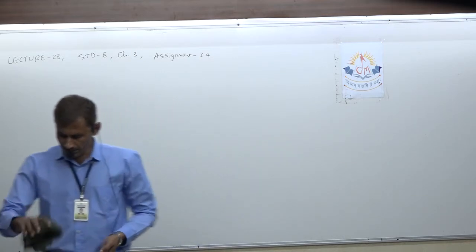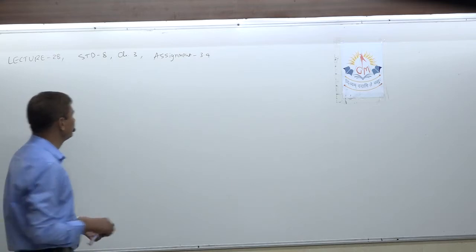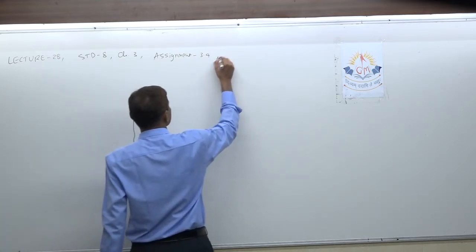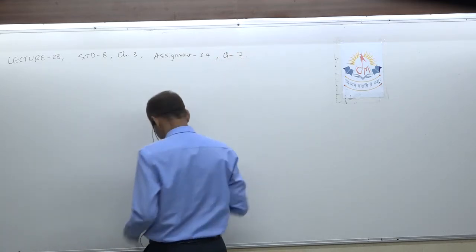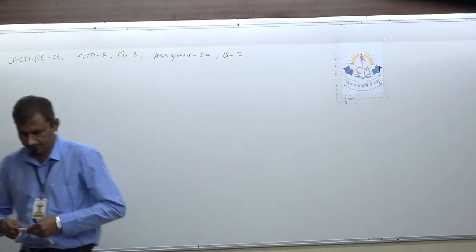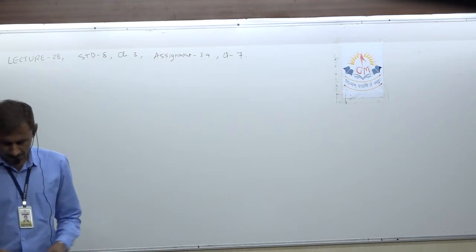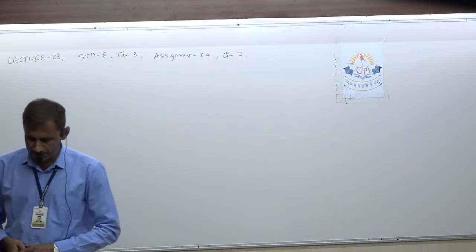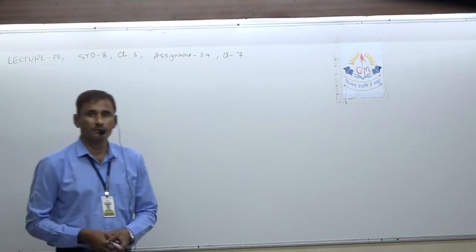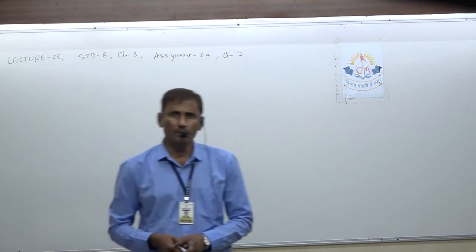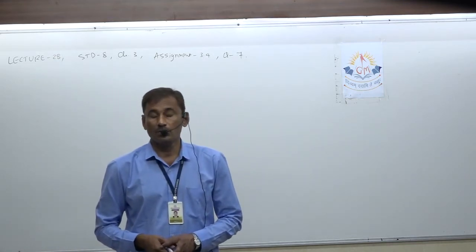So look at main question number 7. They have given: find the cubes of the following numbers using the column method. So now we apply only the column method here.